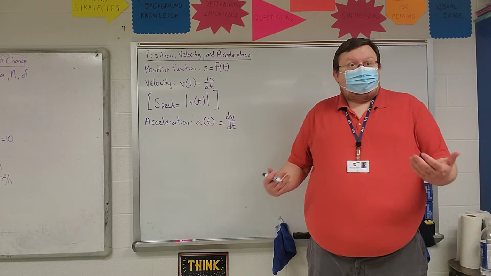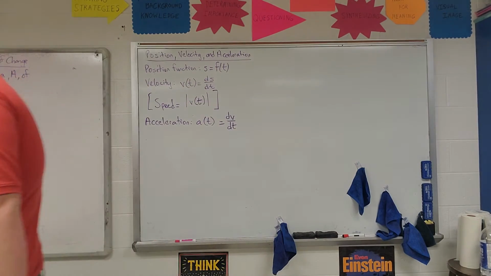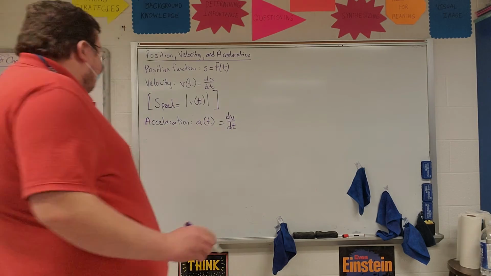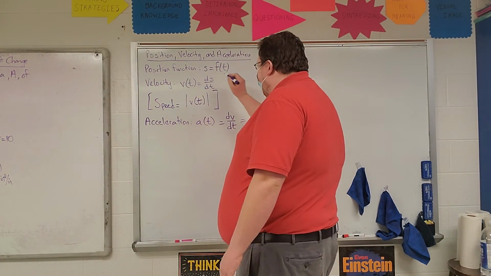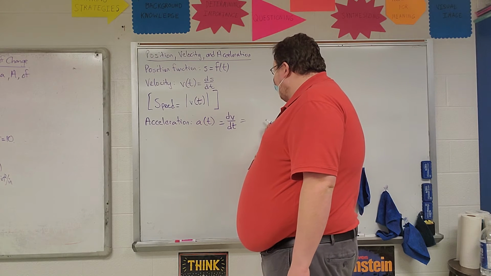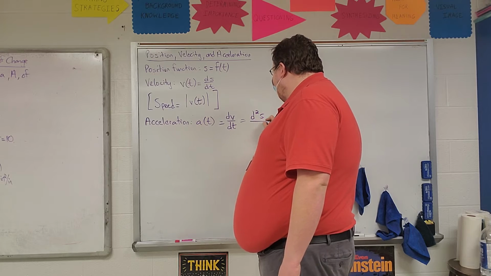So I'm accelerating if I'm moving and then I start to go faster. There's some acceleration there. That's the idea behind that. Also, because velocity is the first derivative of position, acceleration will be the second derivative of position.